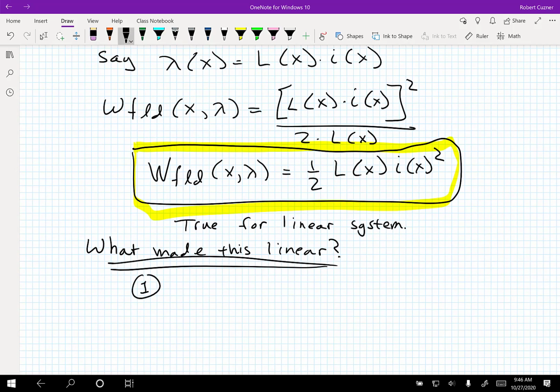Number one, the current that we put into this, I'm going to say is equal to some constant current, I naught. So the corollary to this was if I is a function of x, and it's changing with x, then the system is not linear.